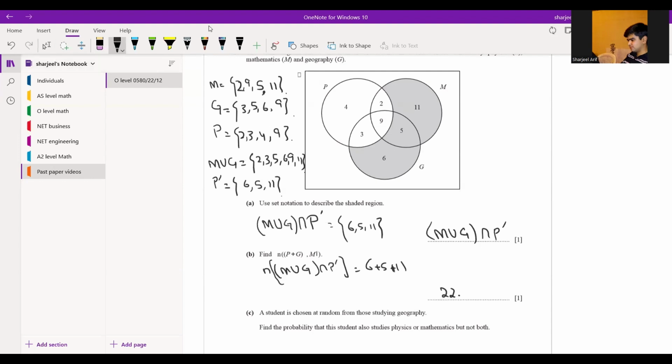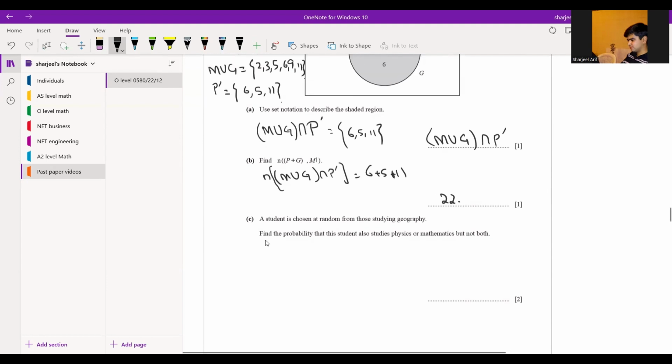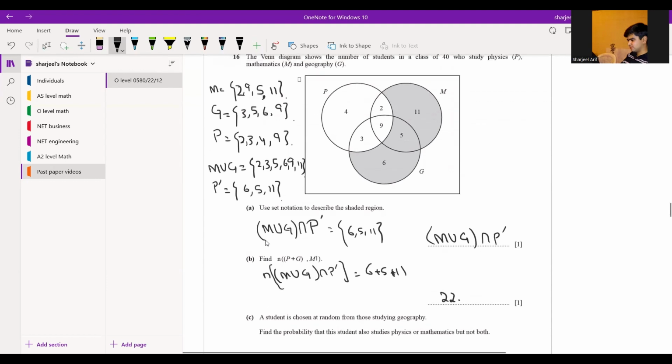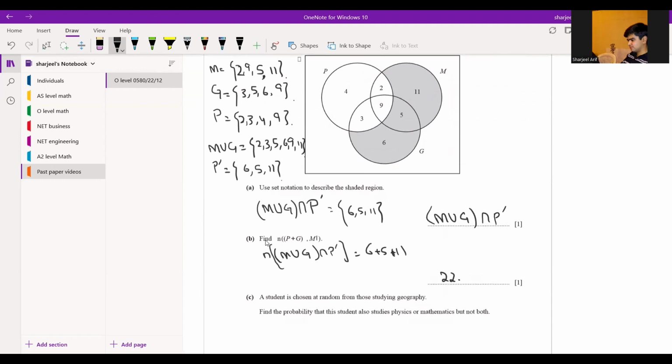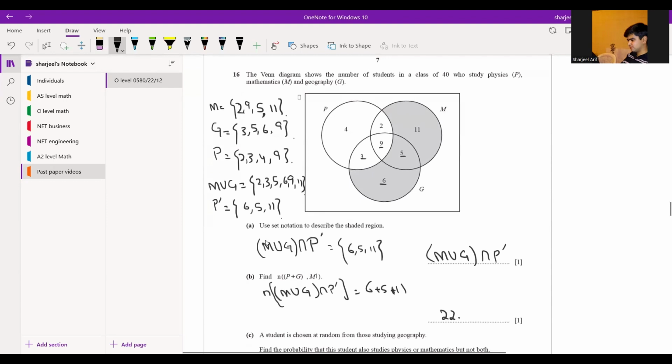A student is chosen at random from those studying geography. Find the probability that the student also studies physics or mathematics, but not both. So we have to find the probability for a student selected from the geography part. Geography has 6, 5, 9, and 3: 6 students who only take geography, 5 who take geography and maths, 3 who take geography and physics, and 9 who take all 3 subjects.